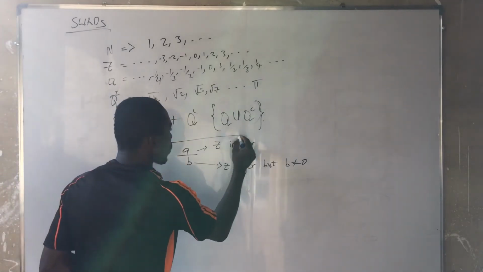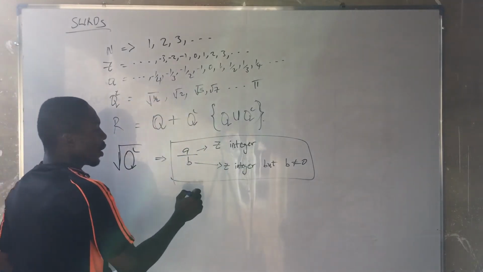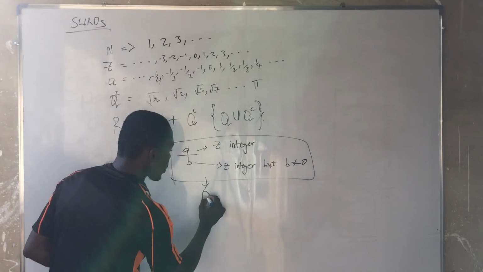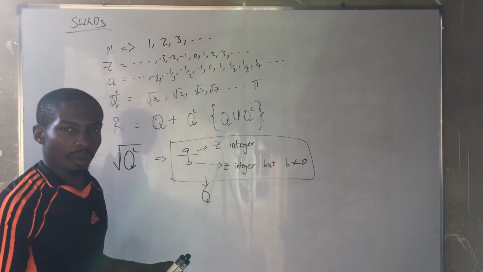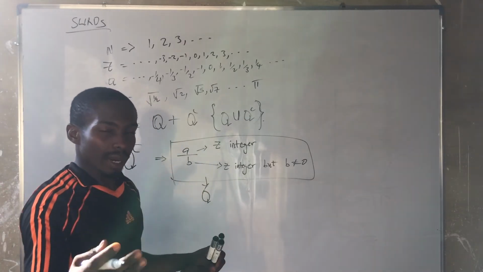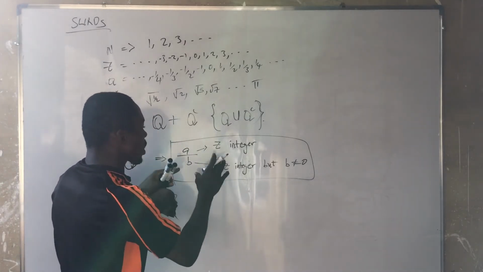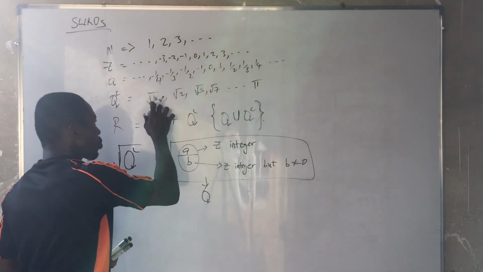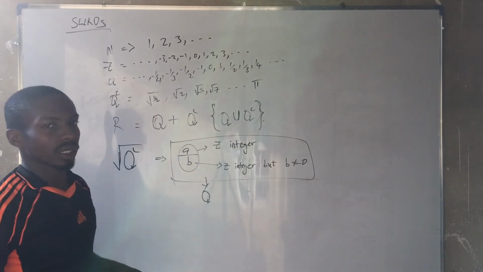So when you have a number like this, you know that the number is rational. Irrational numbers are those numbers that you cannot express this way. I don't know how we are going to express root 1/2 this way.